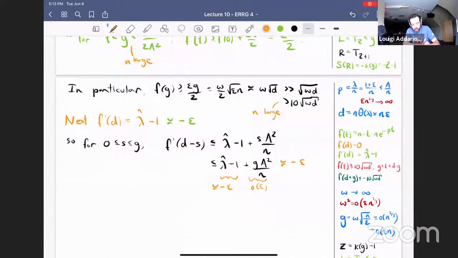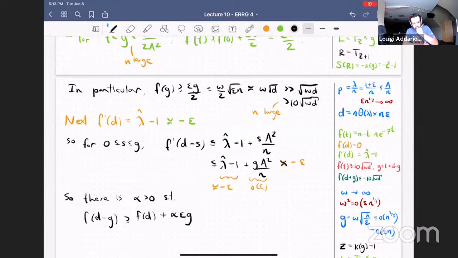Okay, and so that tells me, making this quantitative, I'm using this asymptotic notation meaning up to constants, that there's some positive alpha such that f of d minus g is at least f of d plus alpha epsilon g.